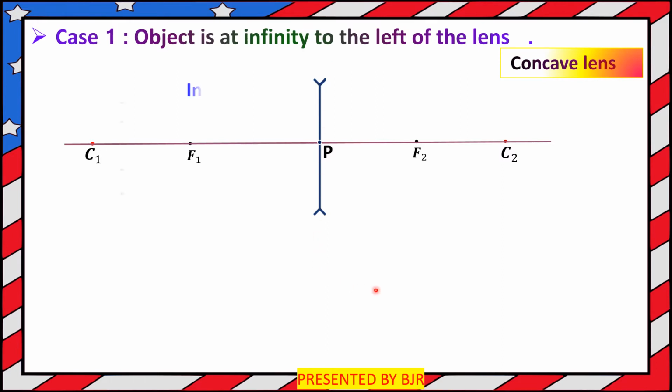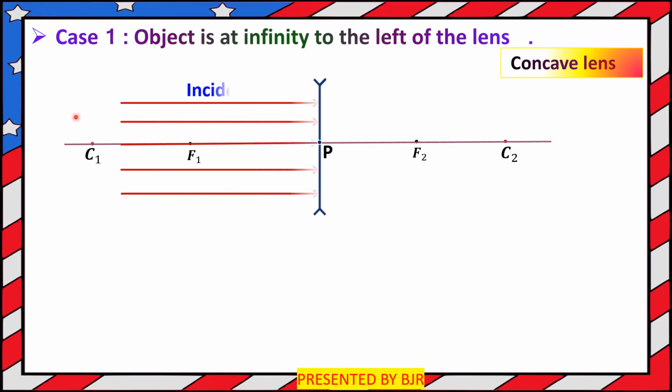So these are the parallel rays coming from the object at infinity and falling on the concave lens at different points like this. All these are parallel rays, and in turn they are parallel to the principal axis also.